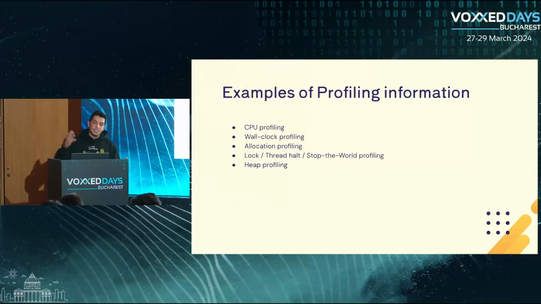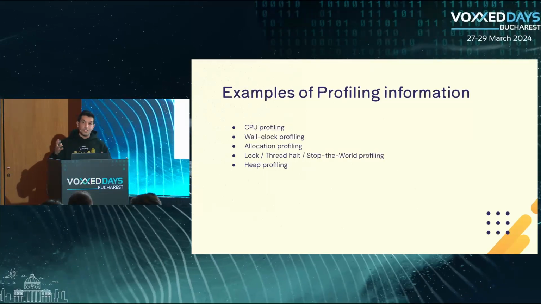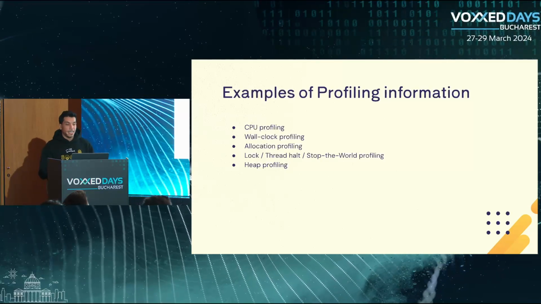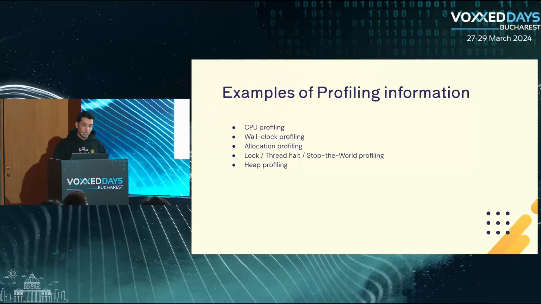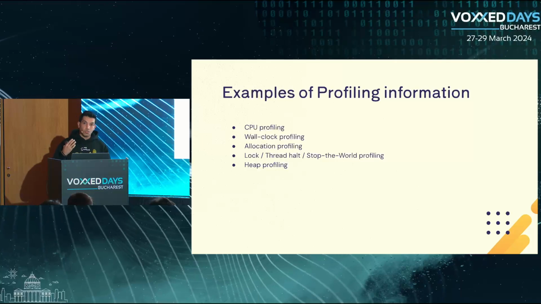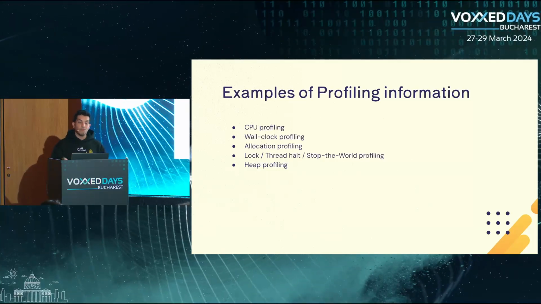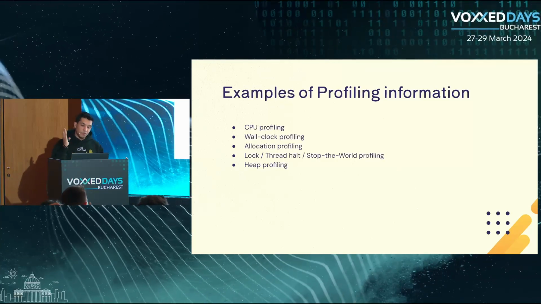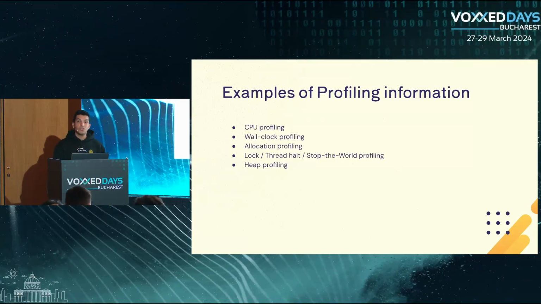And there are different kinds of profiling that we use for different usage. Like CPU profiling tries to answer the question of what is consuming much of the CPU, and it's mainly focusing on throughput.